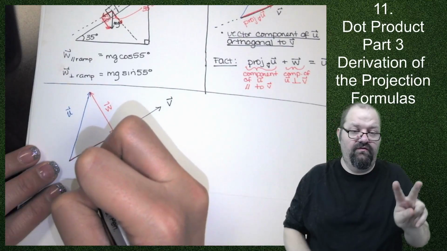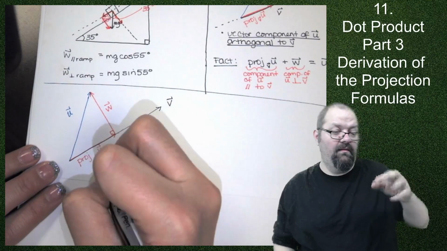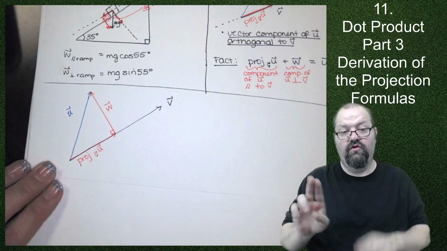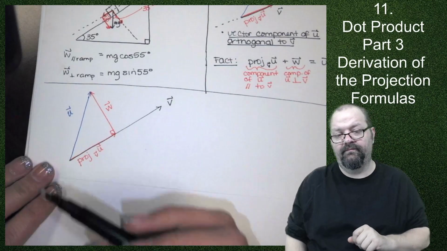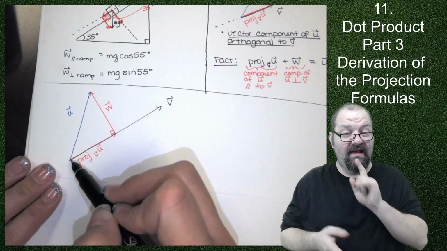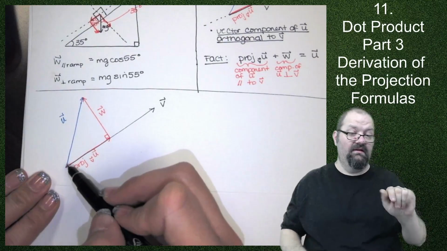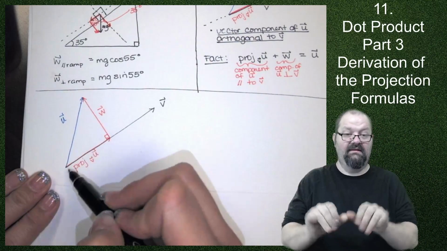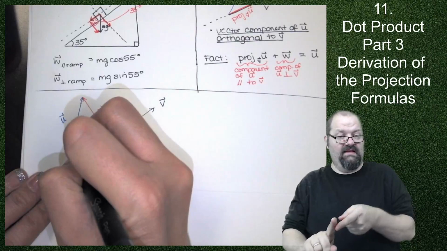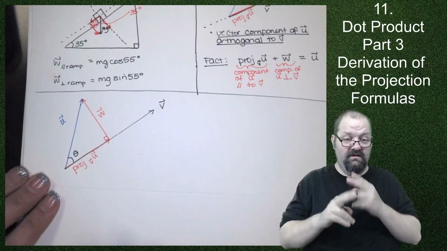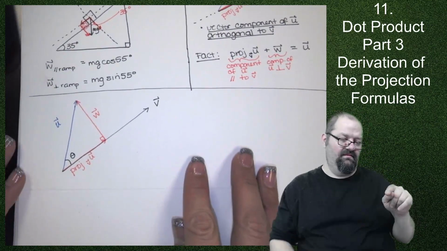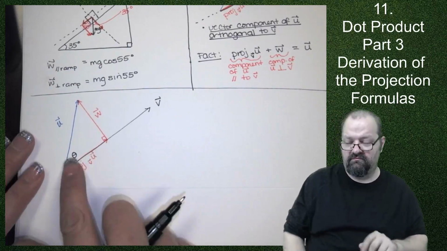We call it the projection of u onto v, the vector component parallel to v. And notice that this is u and v with their tails meeting at the same place. If their tails meet at the same place, the angle between u and v is theta.